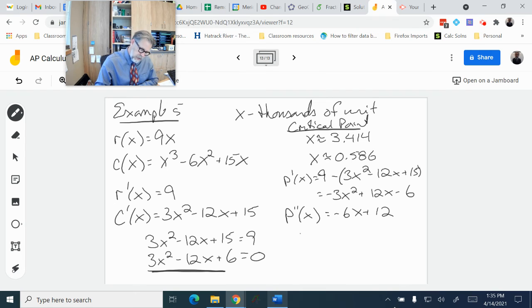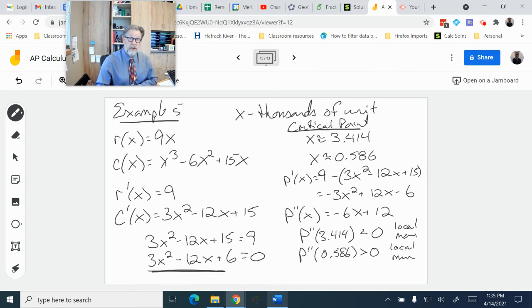And what I notice then is that the second derivative at 3.414 is going to be less than 0, making that a local maximum. And the second derivative of profit evaluated at 0.586 is going to be greater than 0, making it a local minimum.